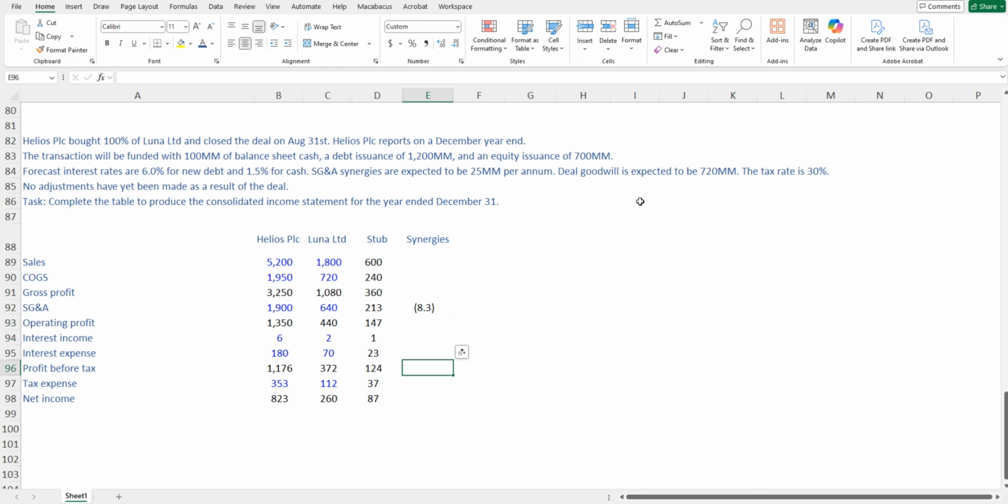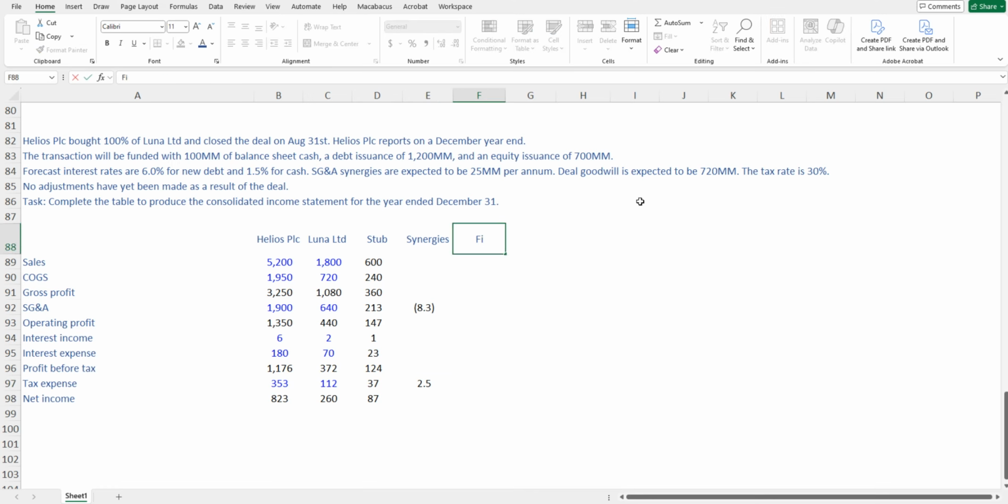Because you save the money from the acquisition, from the merging, you increase your profit as well. Because the profit has been increased, you pay more tax, right? So 8.3 times 30% times negative. I will make it a positive figure.